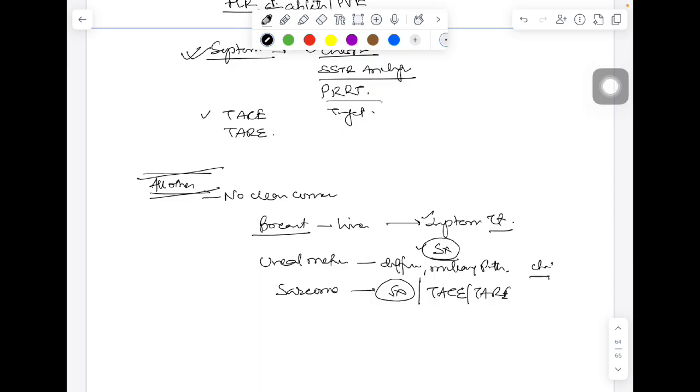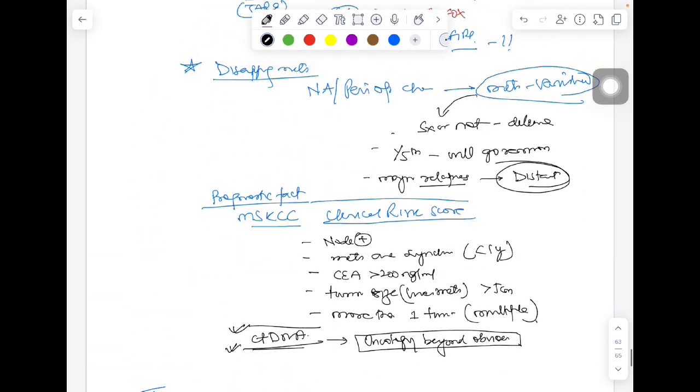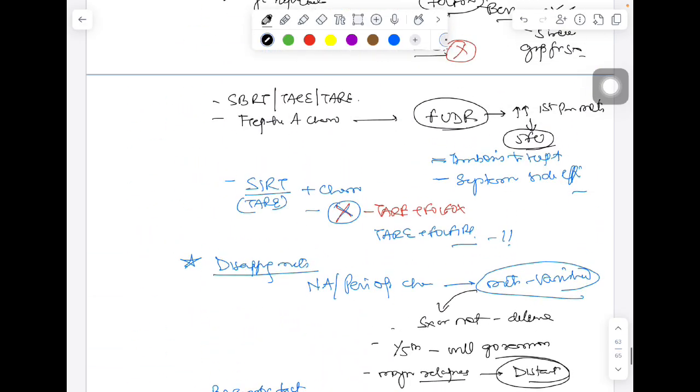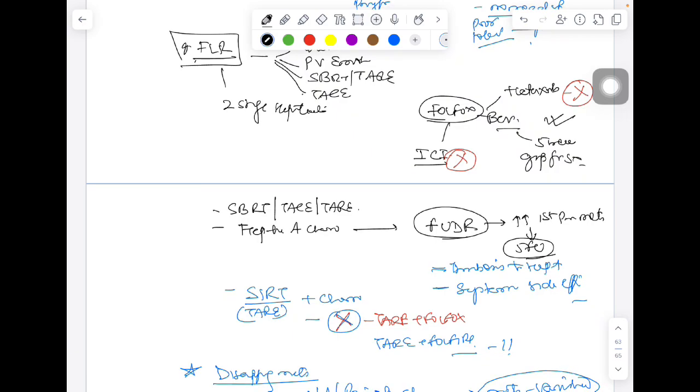So that's all about this chapter where we discussed metastasis to the liver and surgery. The basic concept of FLR, functional liver reserve, is most important, and then we must know what all we can do.